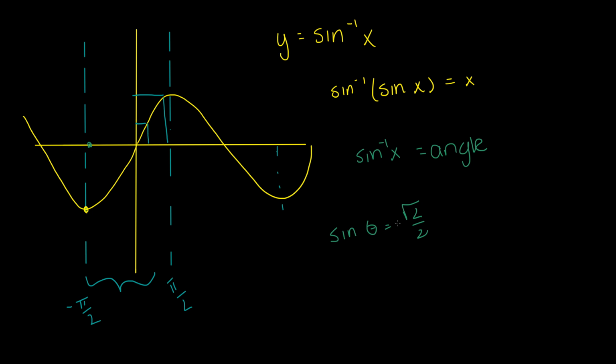I don't know what theta is, so I can actually take the inverse sine of the square root of 2 over 2, and that's going to give me theta, because each side would get the inverse sine, and this would be left with theta equal to sine inverse of the square root of 2 over 2. The inverse sine function allows you to input the value of the output and, from a limited range of the sine function, obtain the measure of the angle.